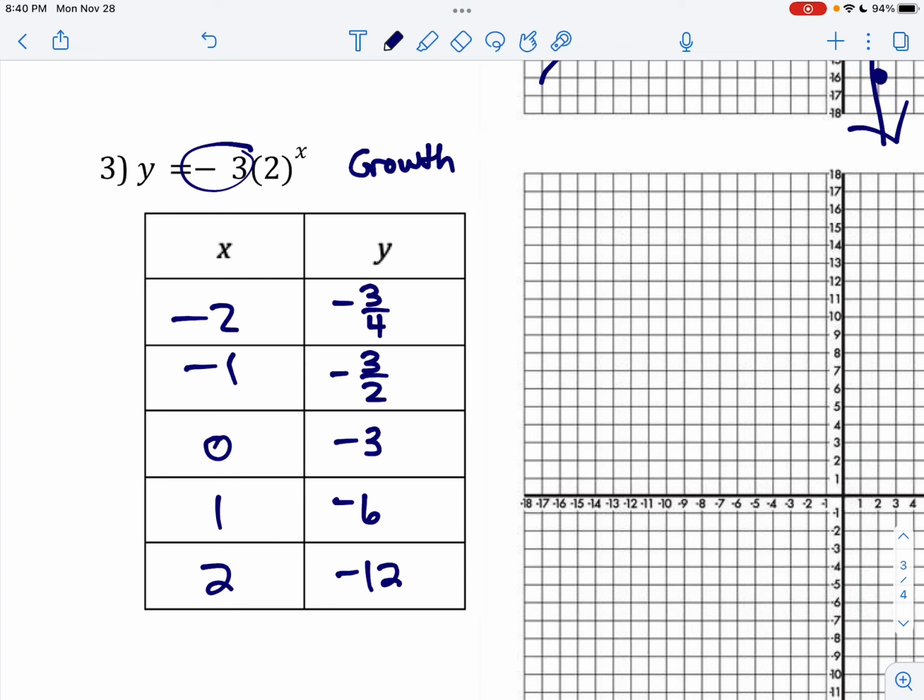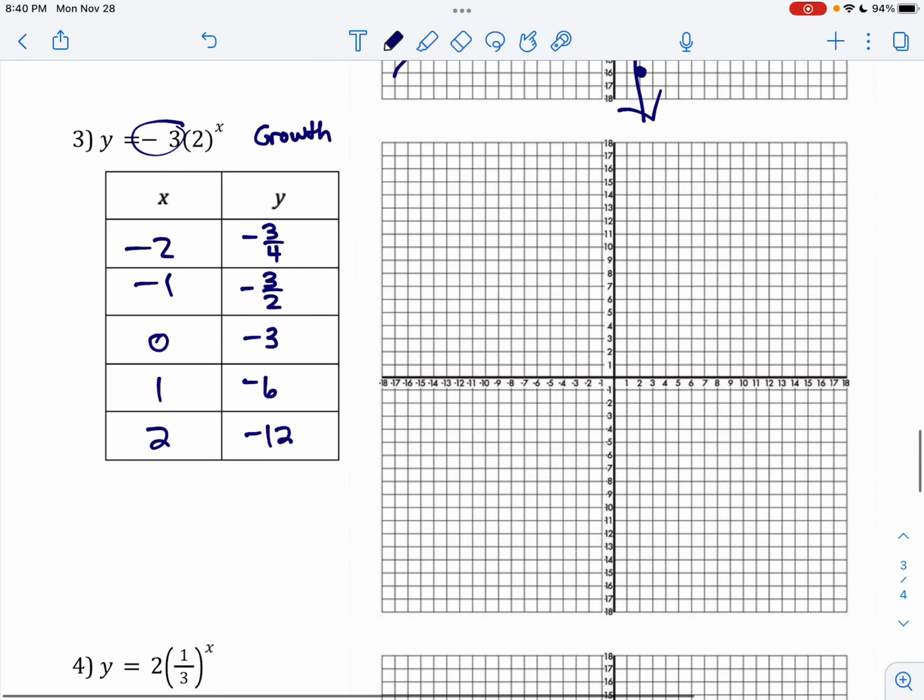So -3/4 and -2, we can graph these. So I'm going to start with 2, -12, which is here. 1, -6. 0, -3. -1 and -3/2.